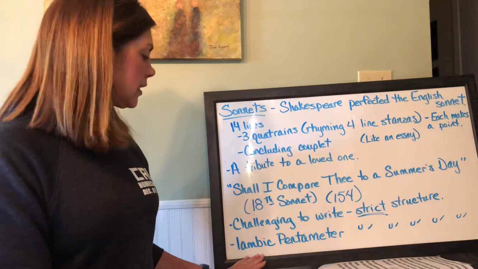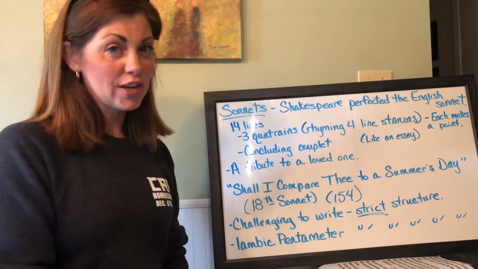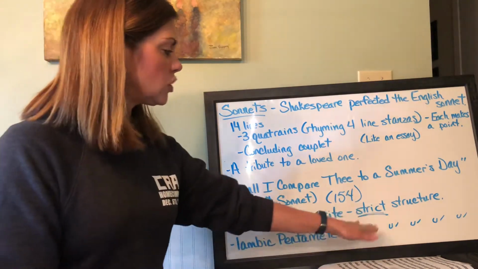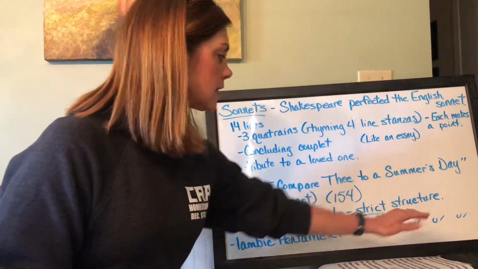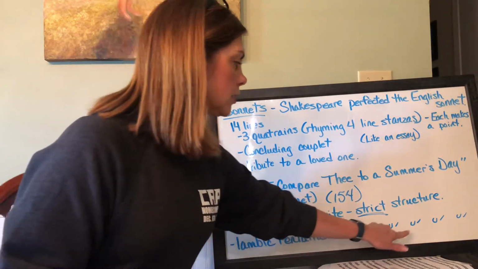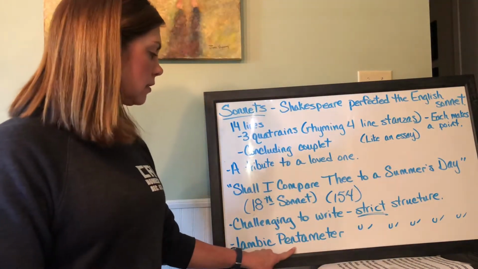This one that we're reading today is in iambic pentameter, and if you remember that from our Julius Caesar days, it is where you have unstressed, stressed, unstressed, stressed. You have 5 sets of these metric feet. So this is a foot, a foot, a foot, a foot, a foot, and so that's 5, and that's where we get the pentameter.